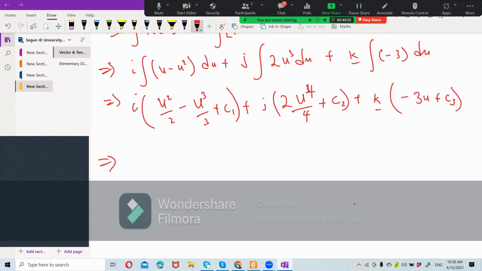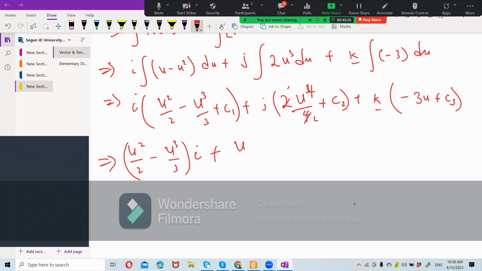Here we need to map everything together. You have U squared over 2 minus U cubed over 3, everything multiplied by I. Remember, you have C1, C2. Plus here we have 1, here we have 2.